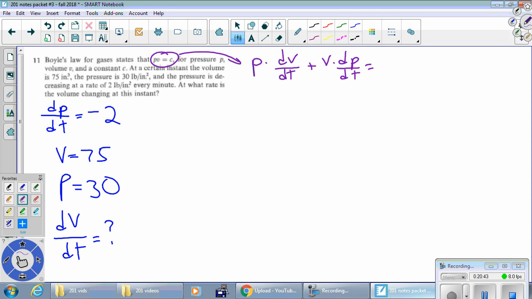Equals, don't forget to take a derivative on the right-hand side. The derivative on the right-hand side is not 1. It's not even 1 times dC/dt. It says that C is a constant. The derivative on the right-hand side is 0.